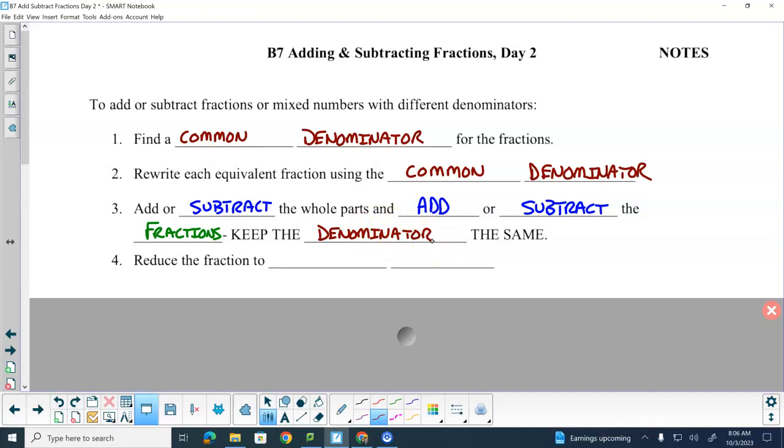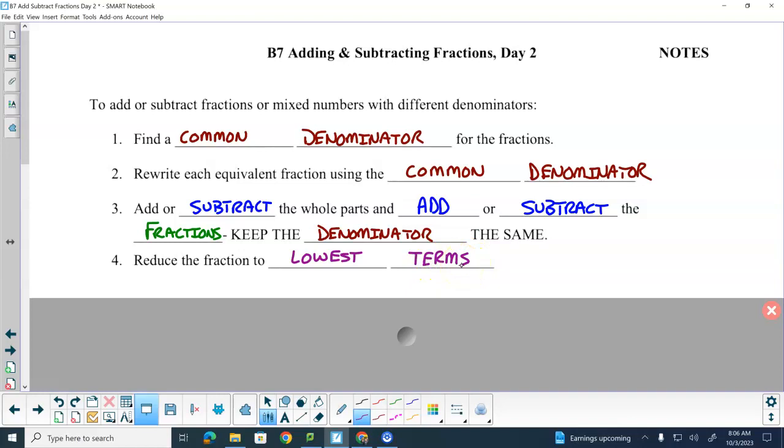Okay. Then what? At the very end, so now we've added, we've subtracted, we've done everything, we've got our, and I'm going to use air quotes here, we've got our answer. What do we have to do? We got to reduce that fraction to its lowest terms. Always reduce your fractions.